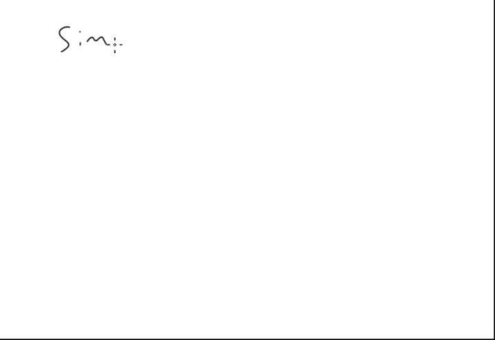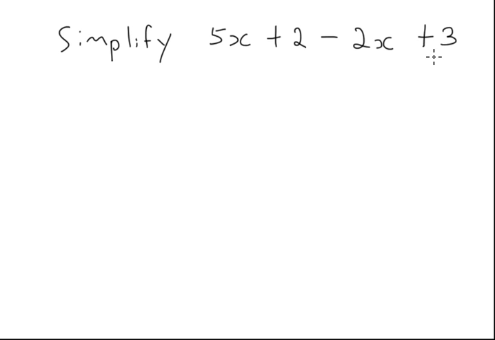If I say simplify 5x plus 2 minus 2x plus 3. What we have to do is, let us just copy back this 5x plus 2 minus 2x plus 3. And then let me put the equal sign at the bottom here this time. I want to gather like terms.